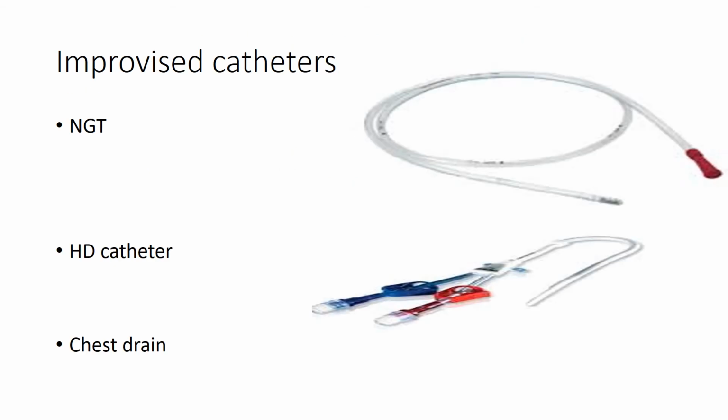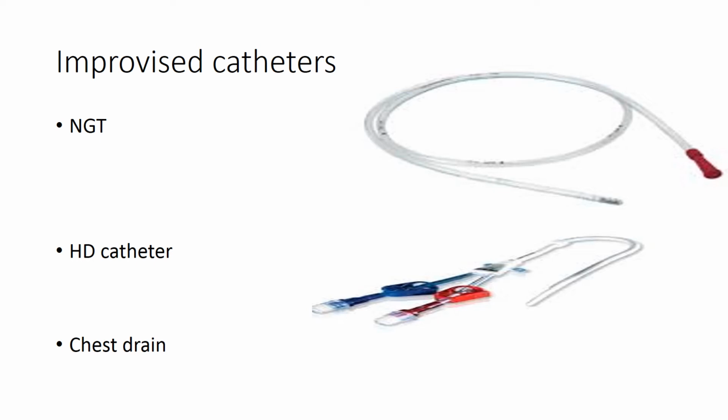So let's start with looking at how we can improvise in terms of catheters. When you cannot access a proper peritoneal dialysis catheter, the first thing which we use in our unit is a nasogastric tube. So as you can see, I think this is a size 18 French. It's got that maroon cover.